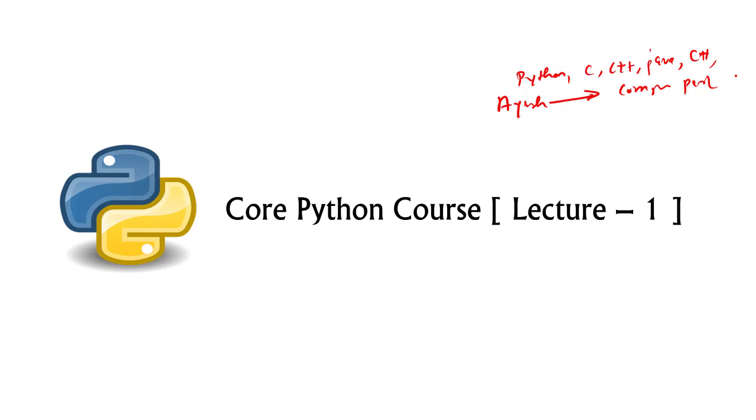Python is the one that we are going to study in this course. So let's start with the Python programming language to start giving instructions to the computers. Let's start with what is Python.